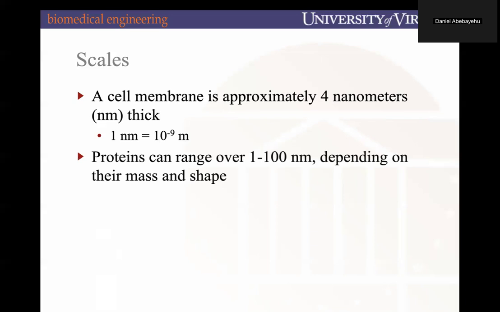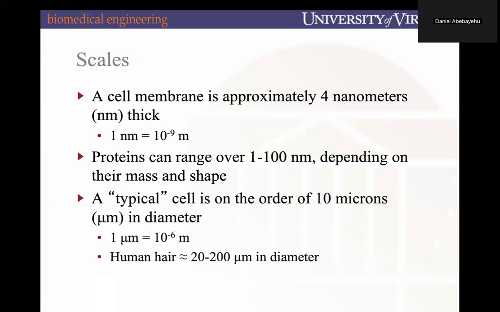Proteins themselves can range from 1 to 100 nanometers. They can be really small single peptide chains, or large multi-protein complexes as large as 100 nanometers, but it usually depends on their mass and their shape.